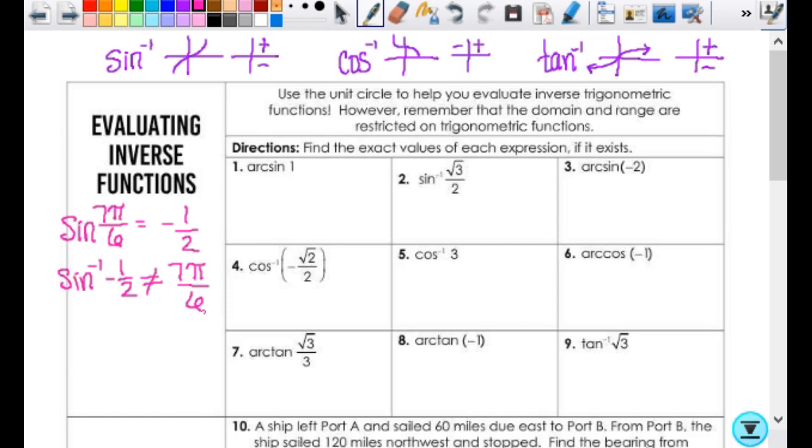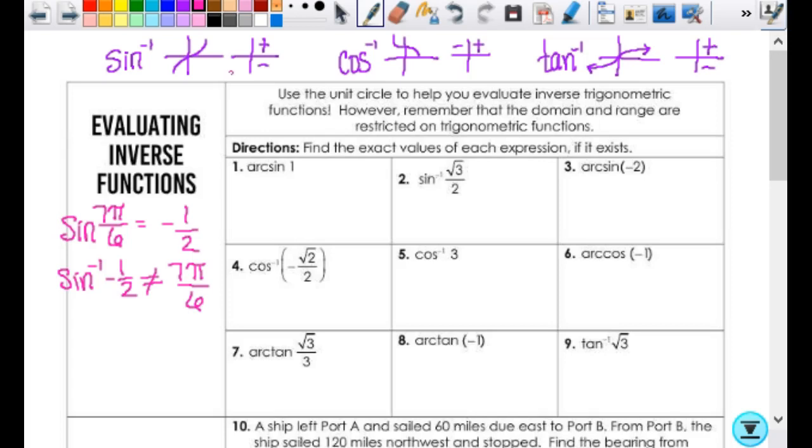Okay, I want you to think about that for a second. Sine inverse of negative 1/2. Negative 1/2 is my input, right? Here's my sine inverse graph. If I put in a negative 1/2, I'm going to get a negative answer, right? Because the answers that I'm going to get out of this, my range, is this part of the unit circle. It has to be a quadrant 1 or a quadrant 4 angle.